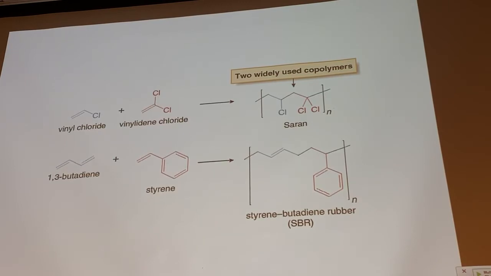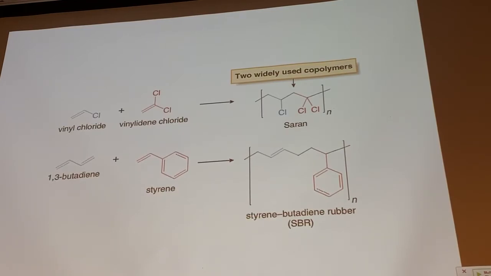If it's 1-to-2, then you would have an ABB sort of a pattern for most of the chains. So even with a random copolymer, the chains are long enough that the bulk properties are still going to be essentially homogeneous, even though your chains will be different. Okay, so Saran, as the name suggests, it is commonly the component of Saran wrap.